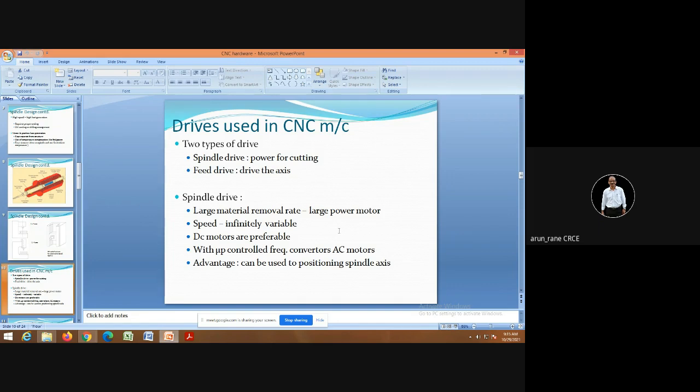Suppose the maximum speed is say 10,000, then infinitely variable means between 0 and 10,000 you should be able to select any speed, like 1239, any integer value, not only integer but even decimal like say 500.52. That's why this is called infinitely variable, or it is also called the PIV, that is positive infinitely variable drive.